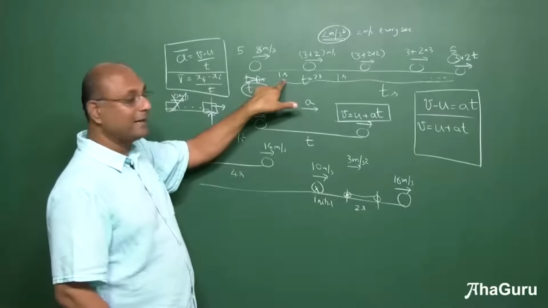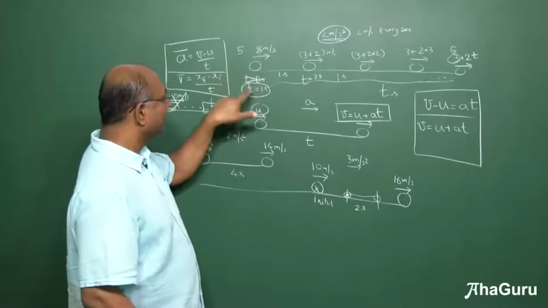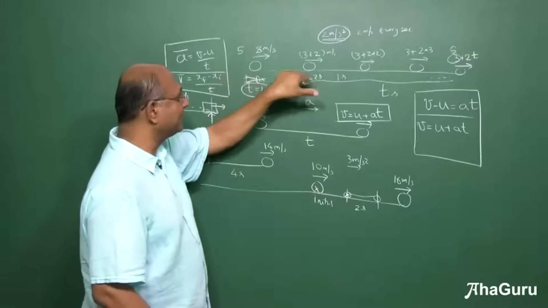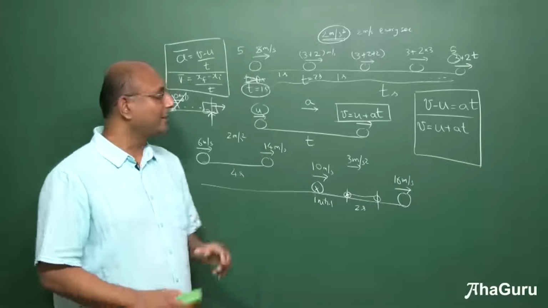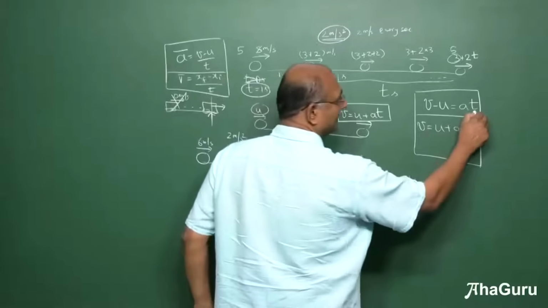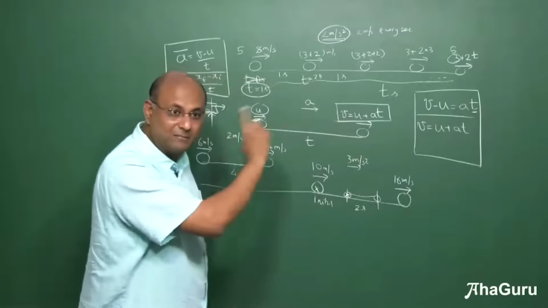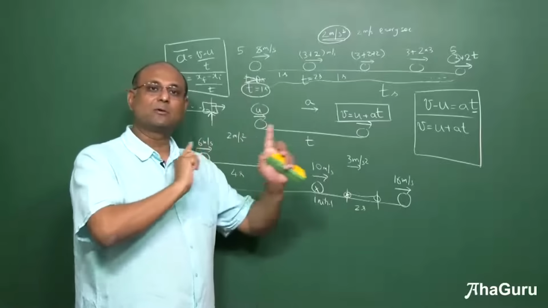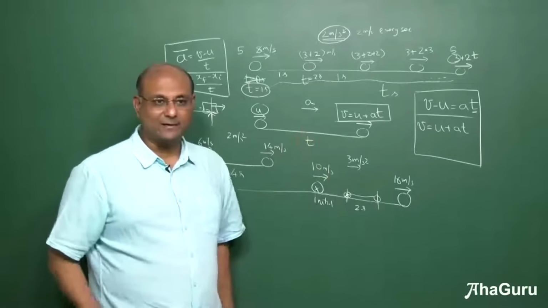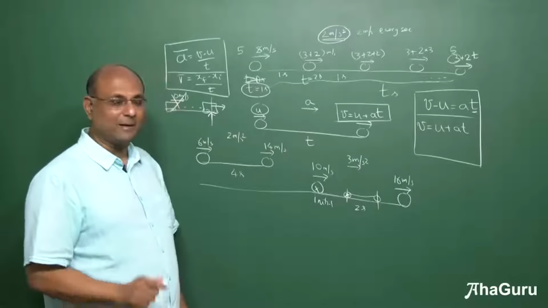So this is time interval, this is time instant. At this time this happened, at this time that happened. From here to here the time interval was 1 second. This time that we are talking about here is time interval. It is not about the starting time, not about the ending time. It is about the interval between the start and the end. So this is one more point to generally keep in mind.